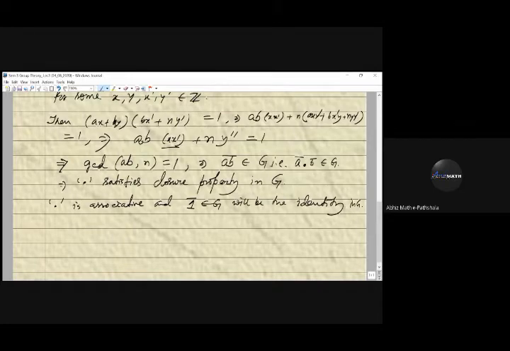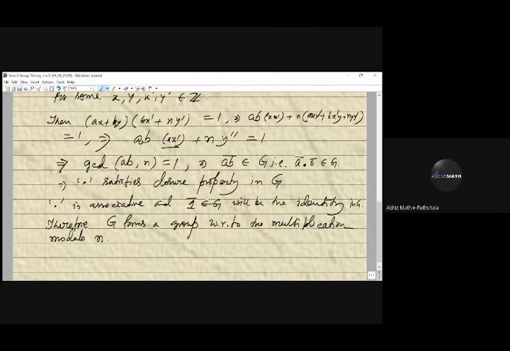So therefore, with the help of that theorem, that result, you can say that G forms a group with respect to the multiplication modulo n, right?